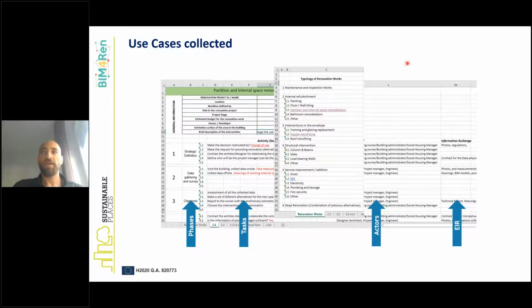You can see this table here where we have defined all the phases of the renovation, starting from the strategic definition, data collection, diagnosis, and so on. For each phase, we have specific tasks. And for each task, we have actors who are the stakeholders involved in that specific one, and in order to do this task, they need this information.